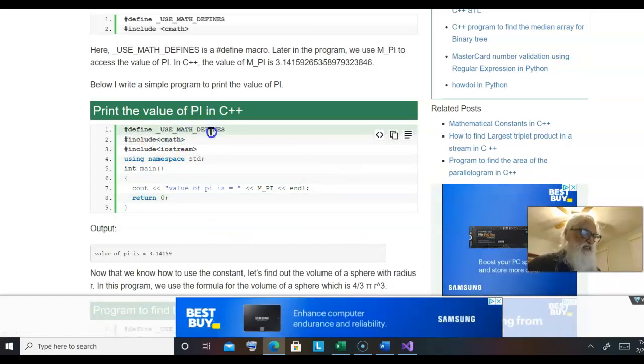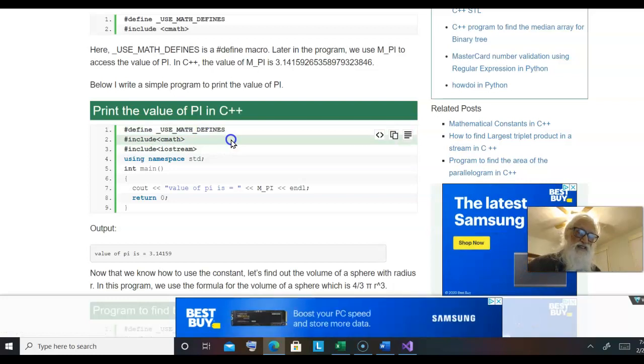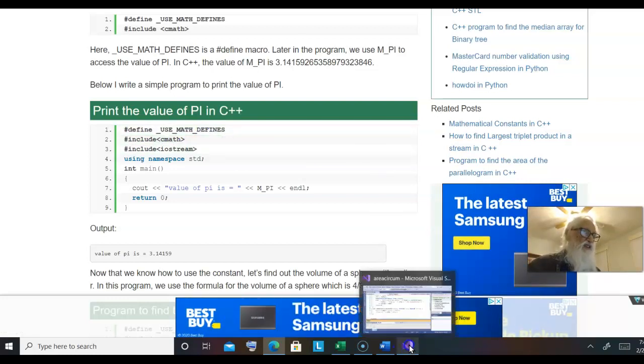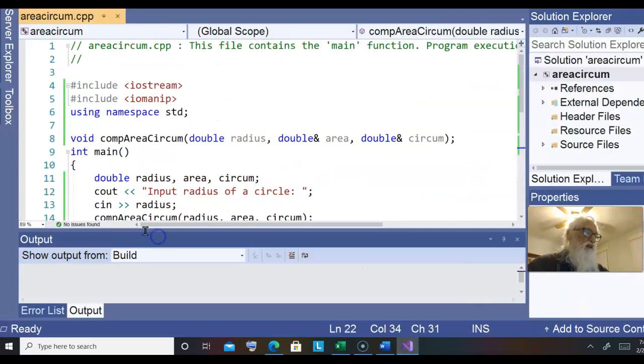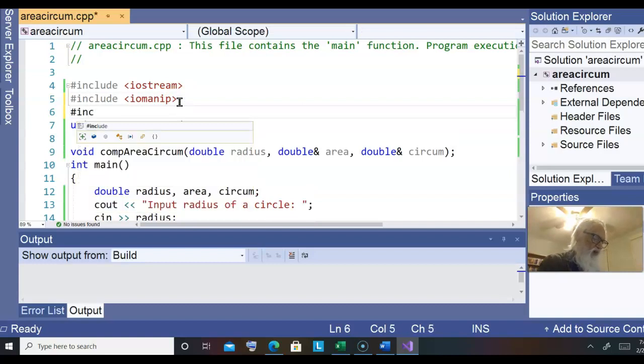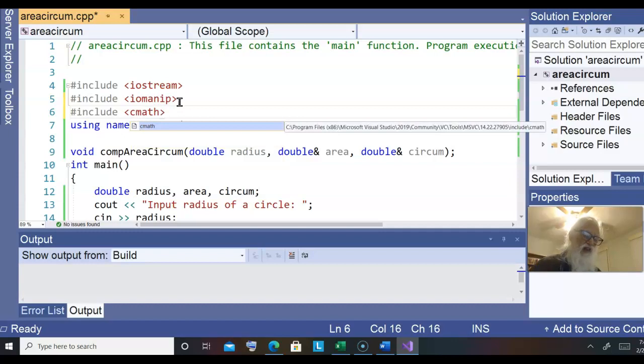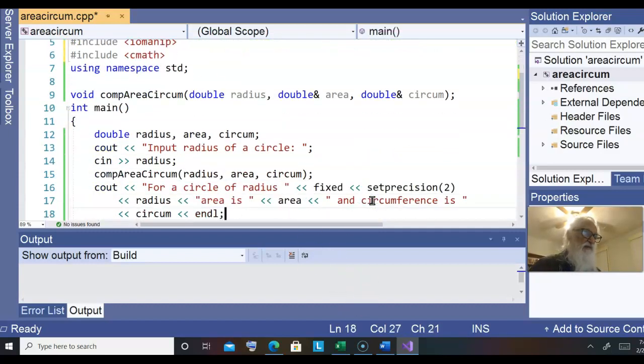It appears we still need the use math defines. So let's try it. Let's first put the include of C math in, and now let's see what happens if we put M_PI.